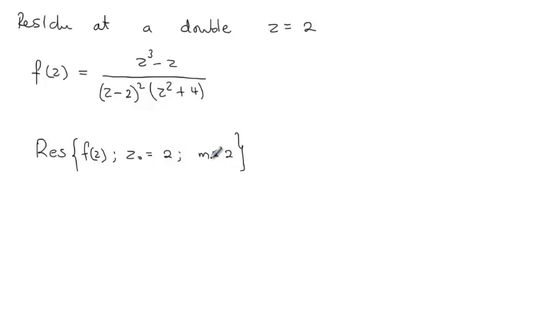So now here 2 stands for the order and the 2 here is the pole. We can abbreviate this by simply writing residue of f(z) at z0 equals 2, and then 2. According to the notation we've agreed on, this here will represent the multiplicity of the pole, always how many times the pole is repeated.